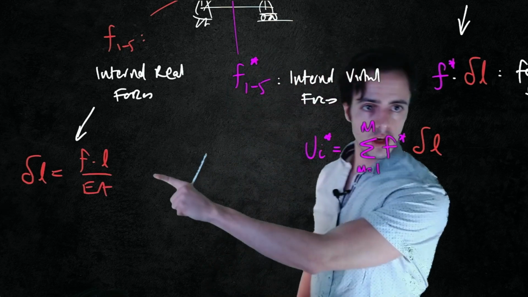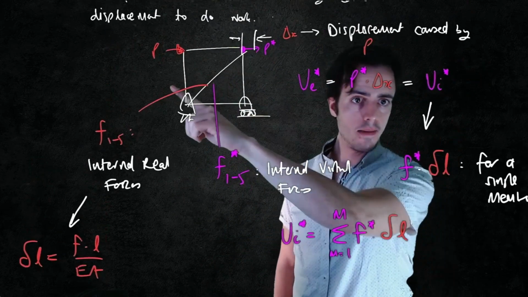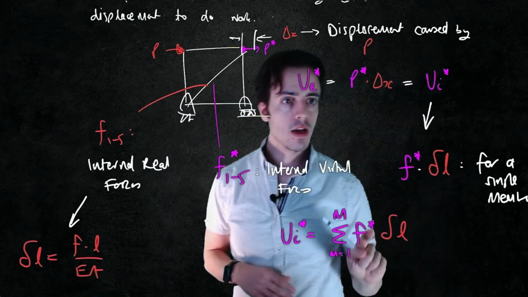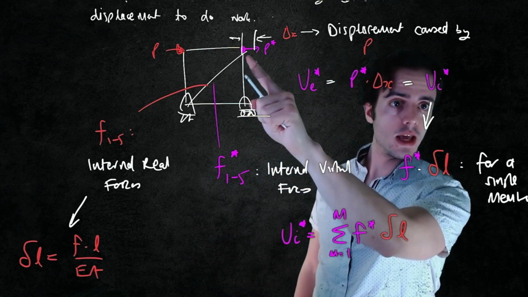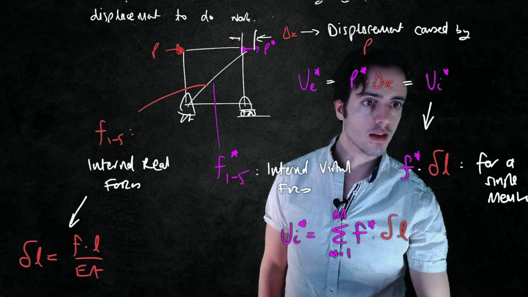So this gives us the information about how that applied load, P, actually causes this structure to change. These internal virtual forces just tell us how this node relates to the internal forces within the rest of the structure.